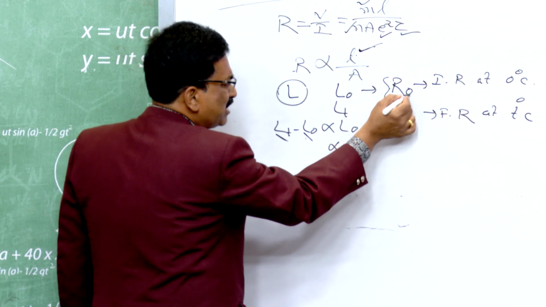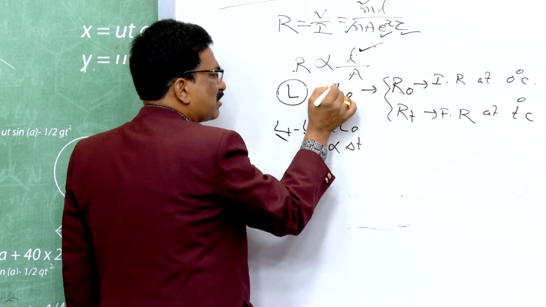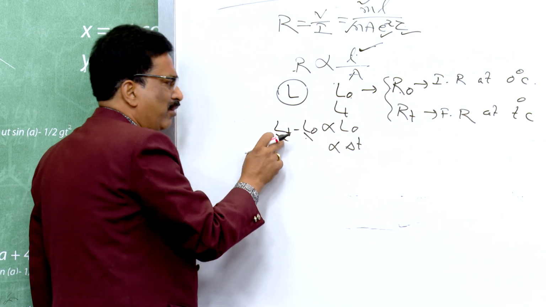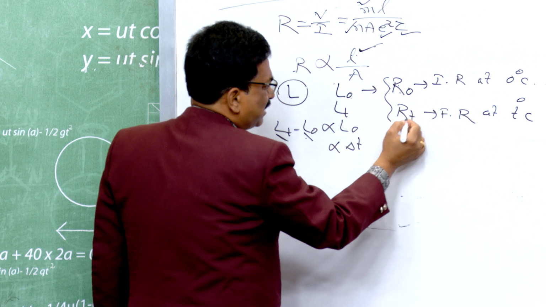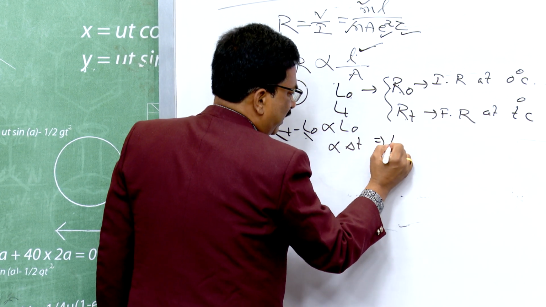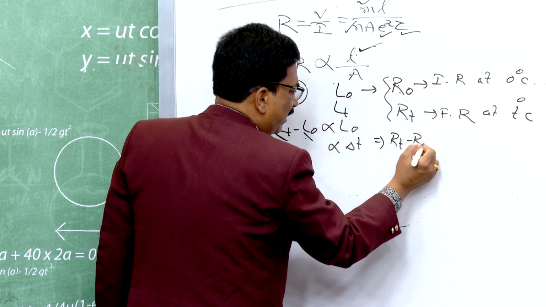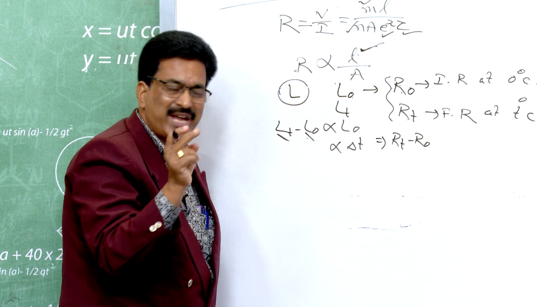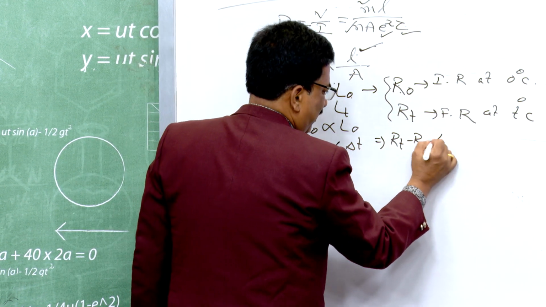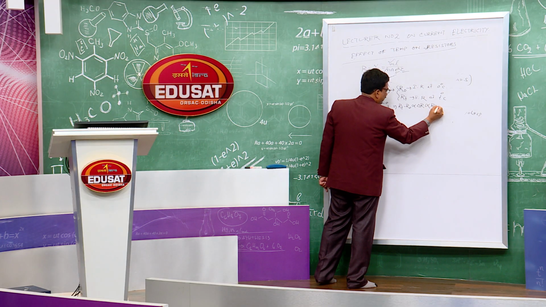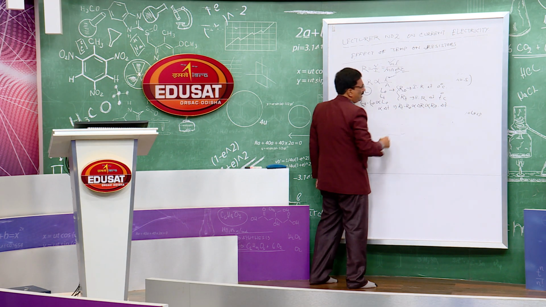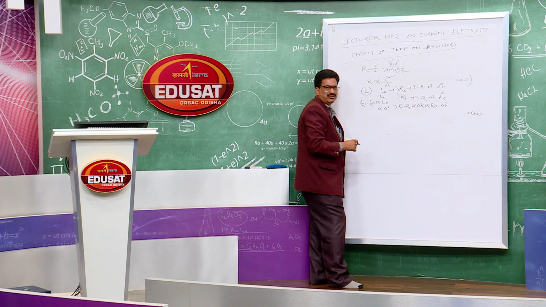If R0 is the resistance, its corresponding length is L0, and RT corresponds to LT. So RT minus R0, which is the change in resistance, is proportional to the original one and the change in temperature del T.